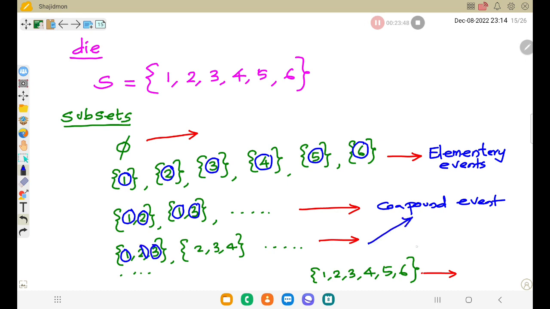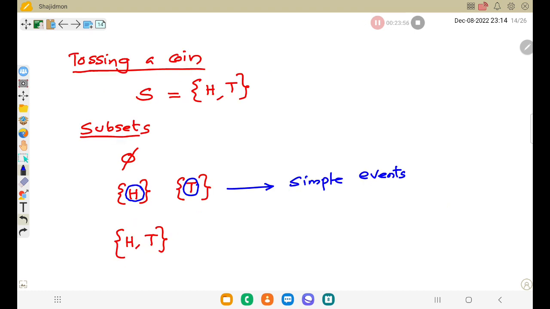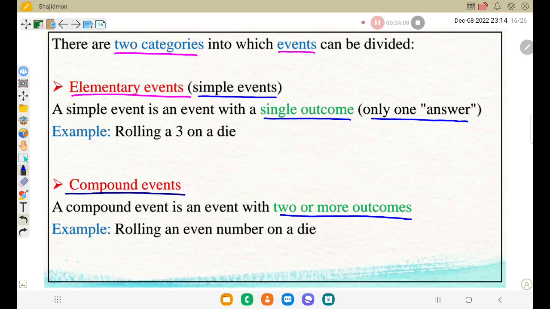So this is a compound event. Single outcome means elementary event. Two or more outcomes means compound event. Correct? It is a compound event because there are more than 2 outcomes in the example. So I hope you understood the meaning of compound event.